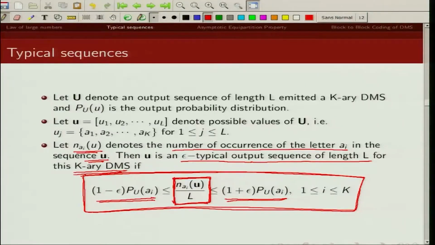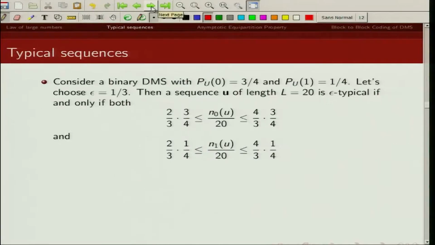So let us illustrate with the help of an example. We consider the same example that we have considered earlier. So we consider probability of U being 0 to be 3 by 4, and probability of U being 1 is 1 by 4. Let us take epsilon to be 1 by 3. Then according to this, the number of occurrences of 0 should satisfy this relationship.